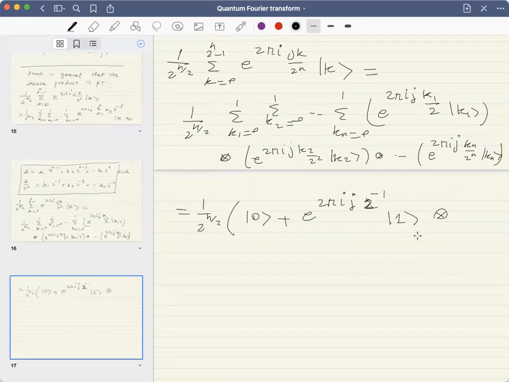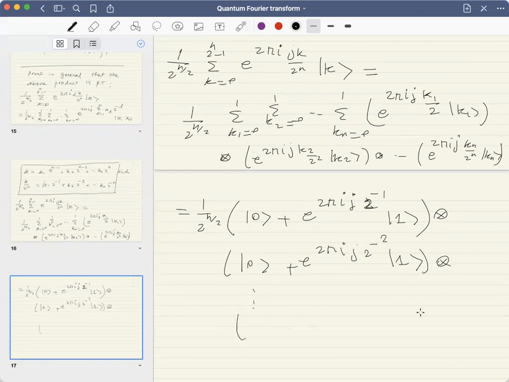Then this whole sum gets tensored with 0, 2 pi i j 2 to the minus 2. So this is for qubit 1, this is for qubit 2, and this keeps going and gets tensored ultimately with the rest.